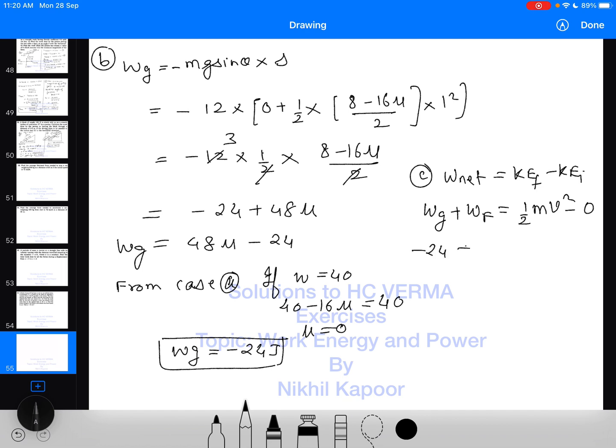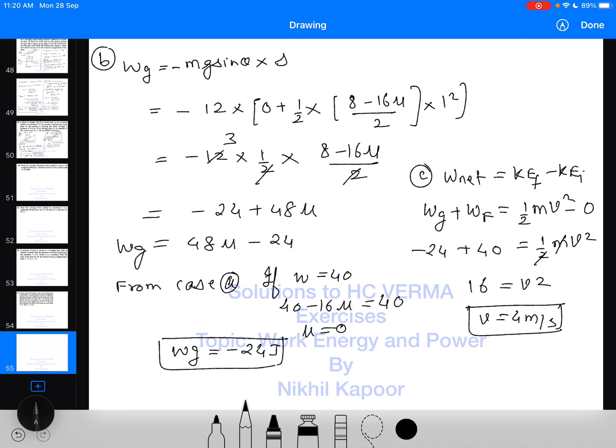So work done by gravity is minus 24 joule, and work done by the applied force is 40 joule. So that would be half m v square. So this 2 and this 2 kg get cancelled, because mass is also 2 kg. 40 minus 24 would be 16, equal to v square. So v comes out to be 4 meter per second.